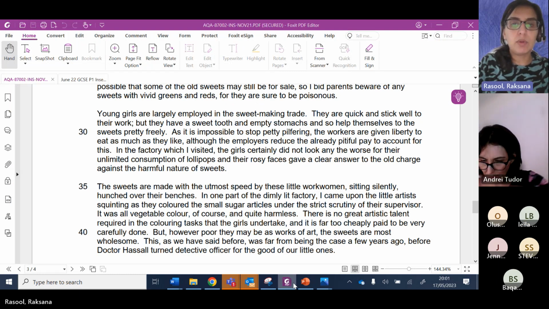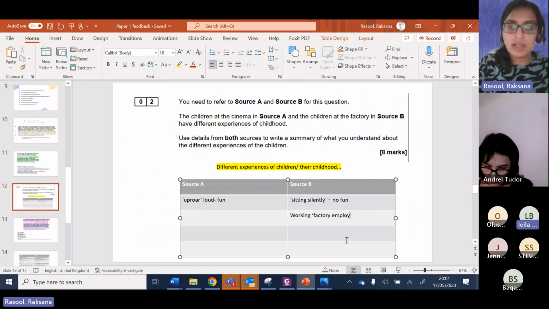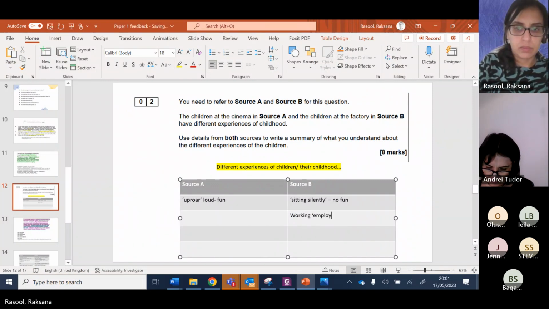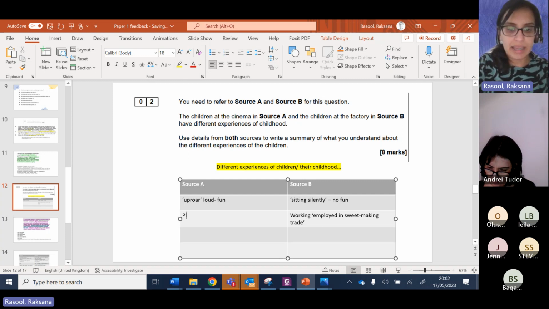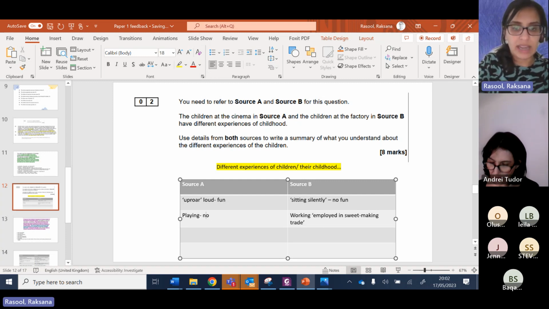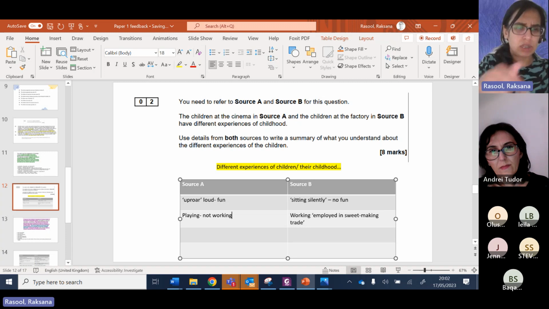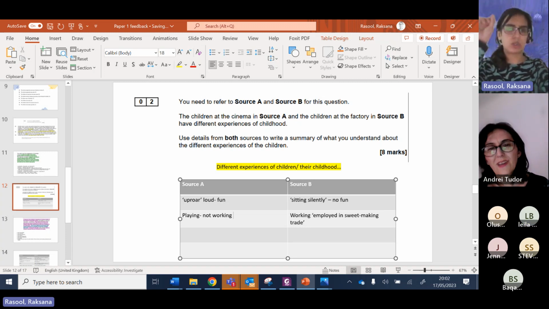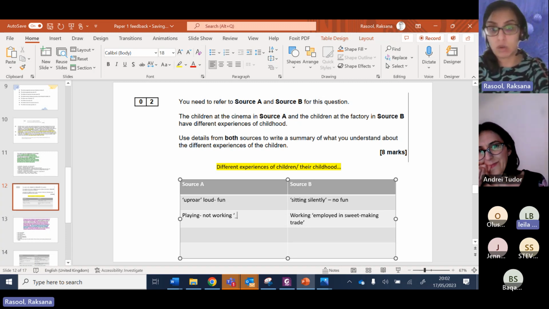So young girls are largely employed in the sweet making trade. Whereas in Source A, they were playing, not working. Okay. Playing, not working. And you could use that quote, where they're running around or throwing the little sweets at each other, but you would have to have a quote.